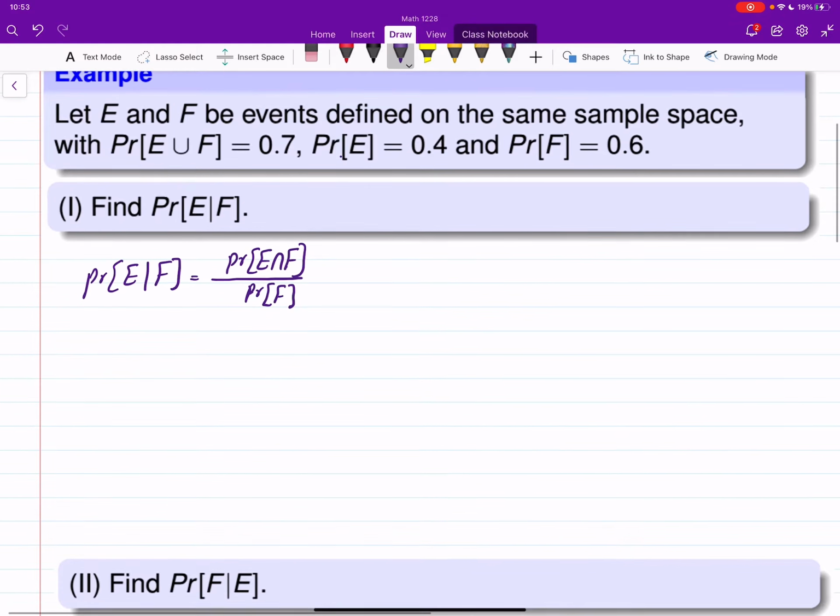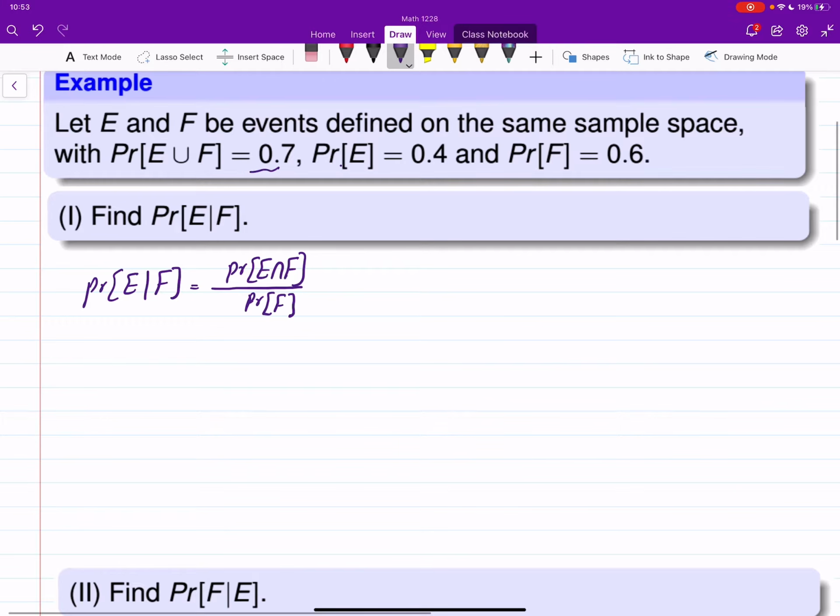Well, here we have the probability of the union and the probability of each one of the events. So we can go ahead and use the inclusion-exclusion formula.